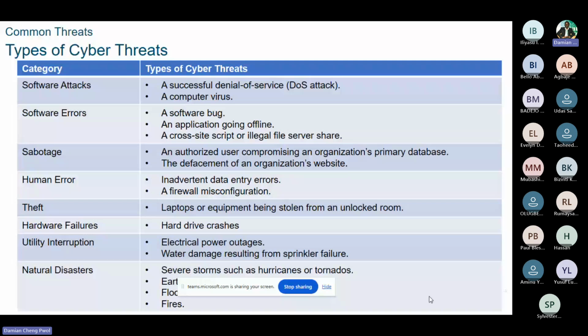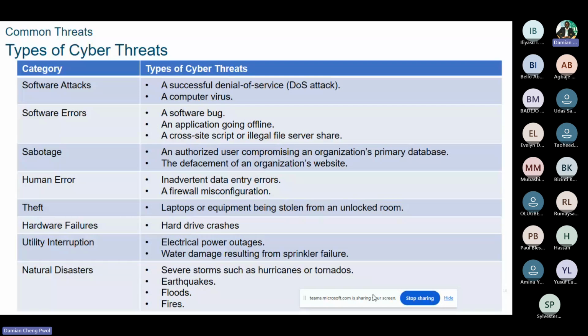But for us, you have an outage and there's a problem here, though we're used to it. Water damage resulting from sprinkler failure. Then severe storms such as hurricanes or tornadoes, earthquakes, floods, fires. All these natural disasters can also be a threat. So let's move to the next one.